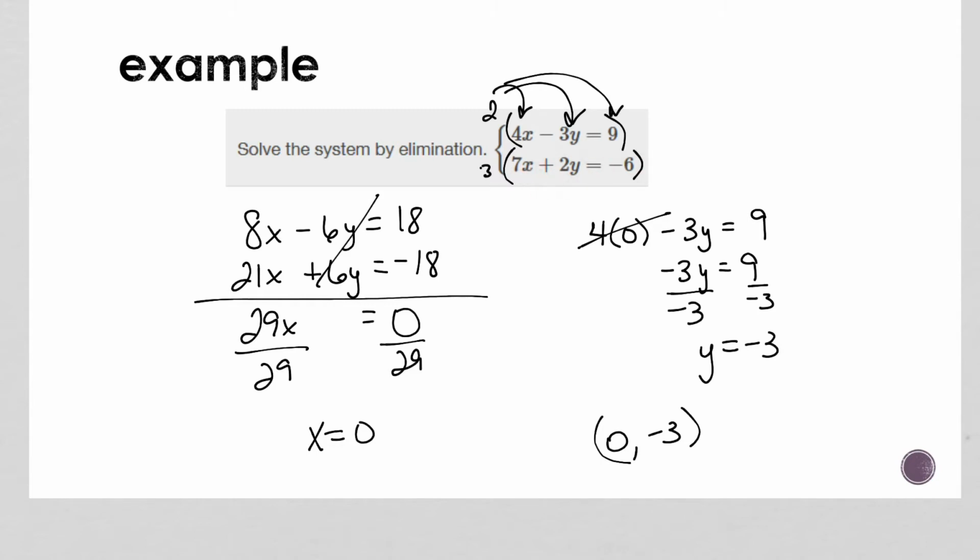Because if you try to do math in your head, if you make a mistake somewhere back here, it's easy to follow those mistakes. And so it's always a good idea to go back to your original equation to check your work. Plus 2 times negative 3, and I'm hoping for a negative 6, and that's what I got. So I know for sure that the system has a solution at 0, negative 3.